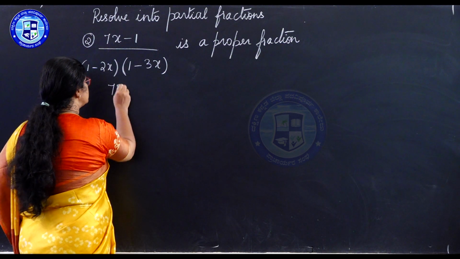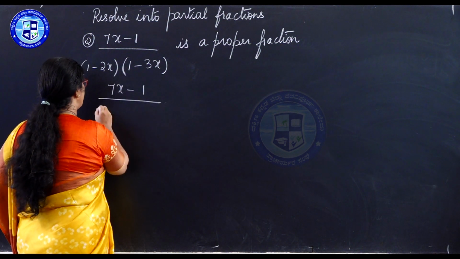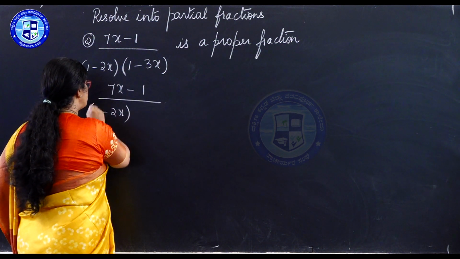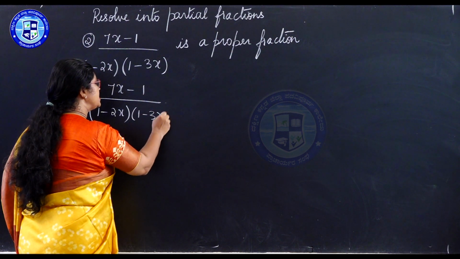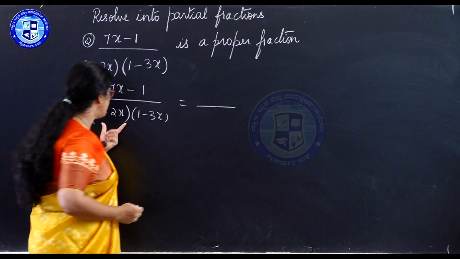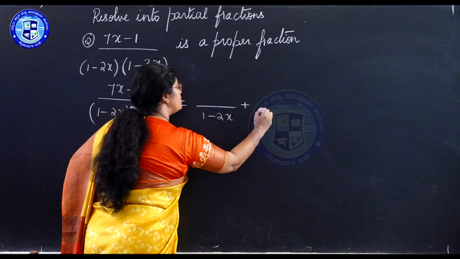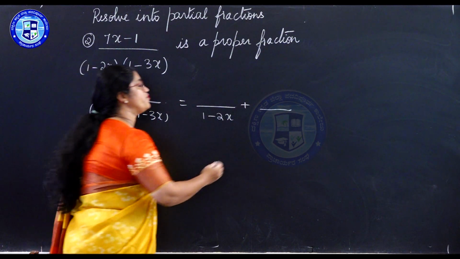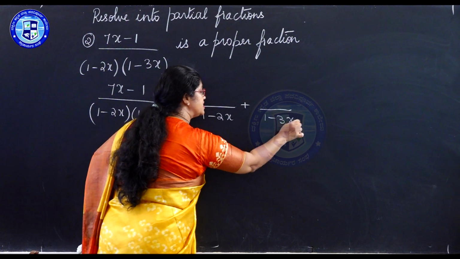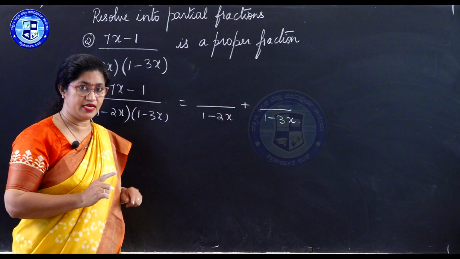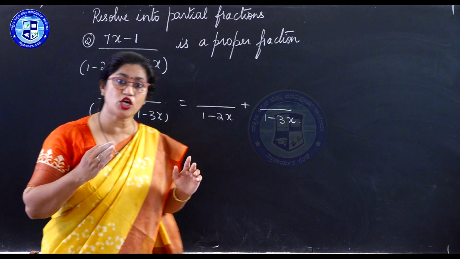So the method is 7x minus 1 by 1 minus 2x, 1 minus 3x equal to, write the first factor 1 minus 2x plus write the second factor 1 minus 3x. Because they are linear, numerator will always be a constant.